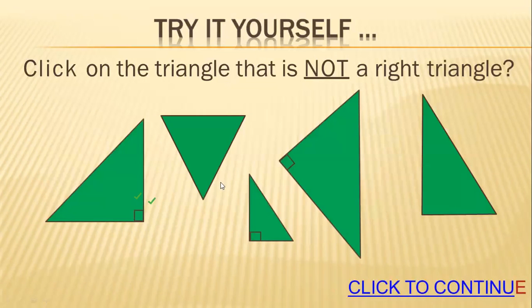This one also is a right angle triangle, and this is also a right angle triangle. And here we are not sure about that angle, because they're not always drawn to scale. And this is once again an acute angle triangle. Every angle is less than 90 degrees. So let's go to the next one.